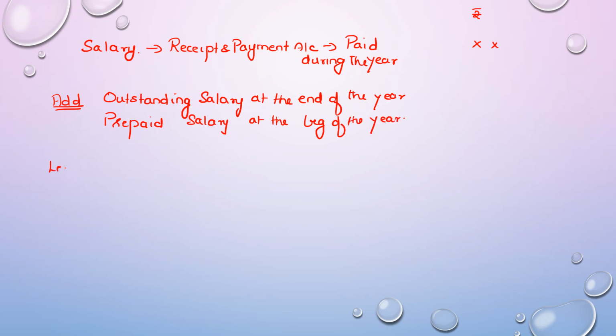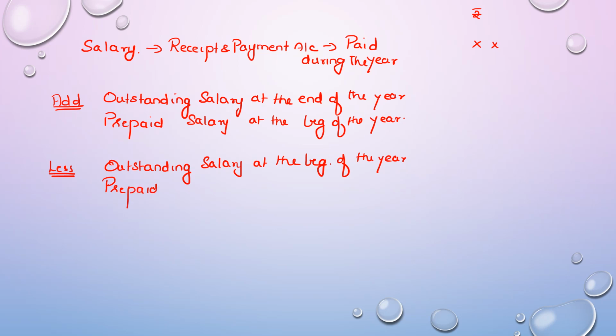And we would be subtracting certain items, which is the outstanding salary at the beginning of the year and prepaid salary at the end of the year.